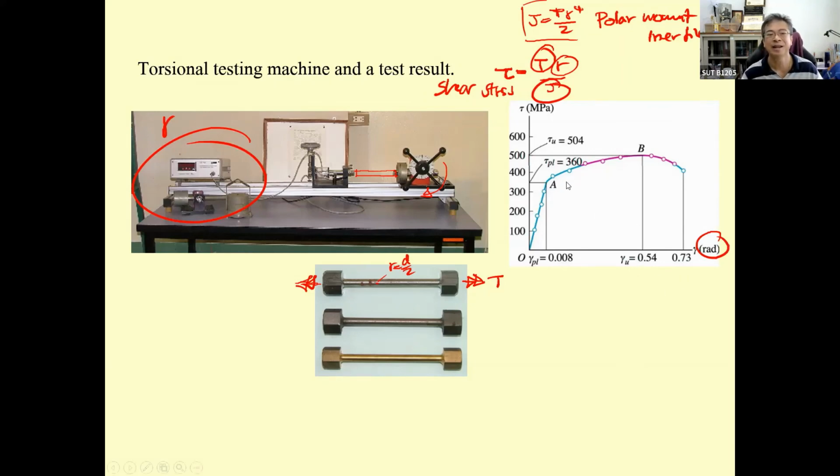This property is used to design the shaft. The shaft is what? It is in the car, transferring the torsional force from the engine to the wheel of the vehicle. So this is also an important test.